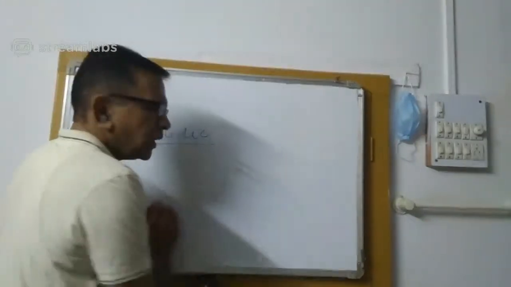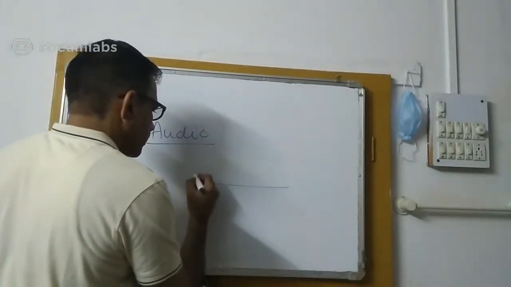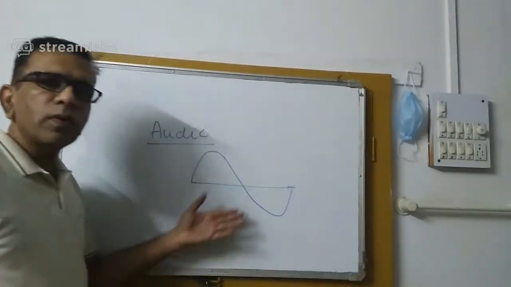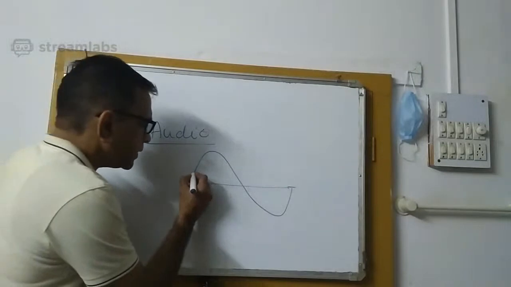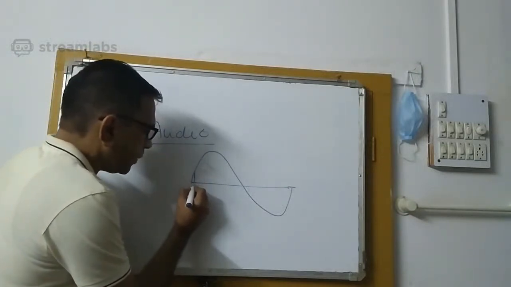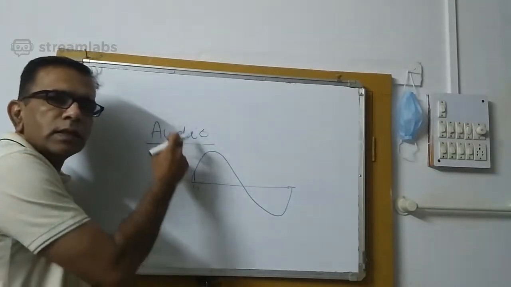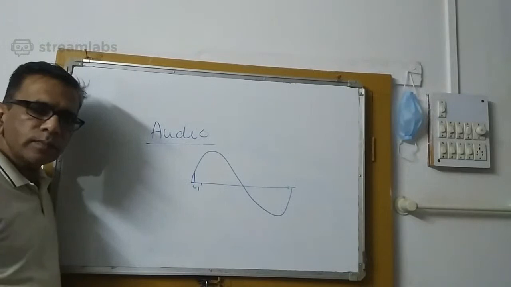I'll write it over here. I'll take a simple wave so that you can understand. Say I talk of this kind of waveform. As I said, what exactly is sampling? Actually, it is a time versus amplitude graph of some signal.